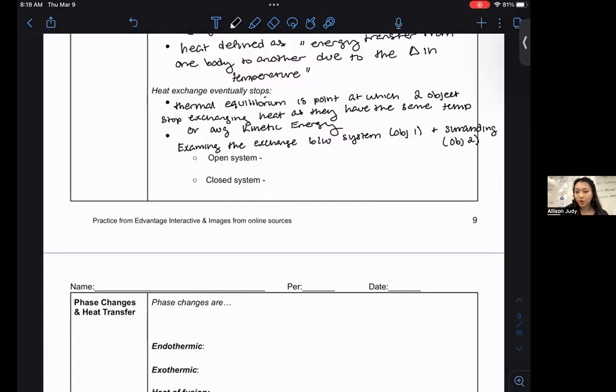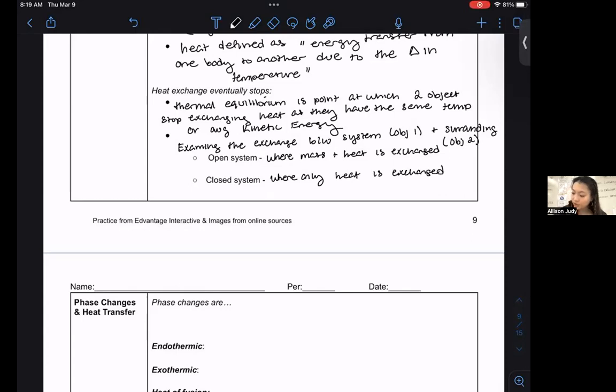When you hear that term, what it particularly means is: am I a system where mass and heat are exchanged between system and surroundings? Or am I a closed system where only heat is exchanged?